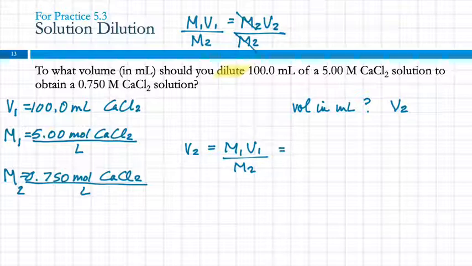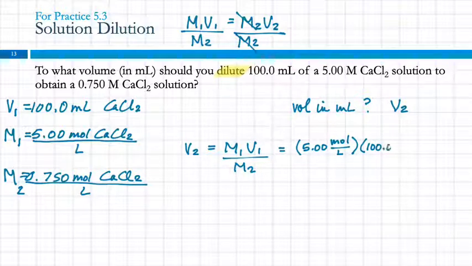So I've identified what these things are. I'm going to plug them in, and I'm going to include all the units because that's what we do. So molarity 1 is 5.00 moles per liter. And volume 1 is 100 milliliters.